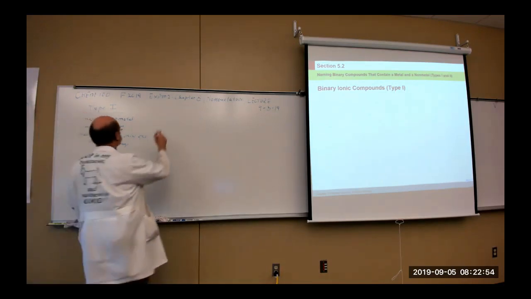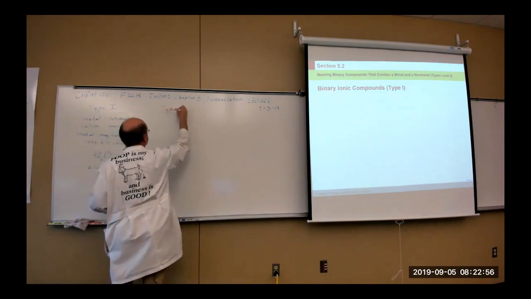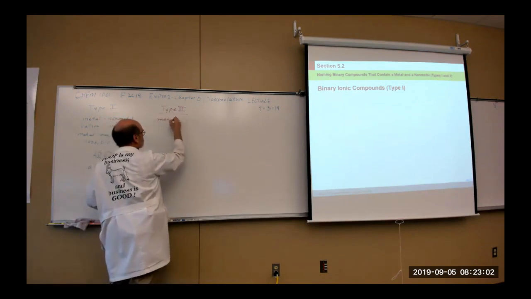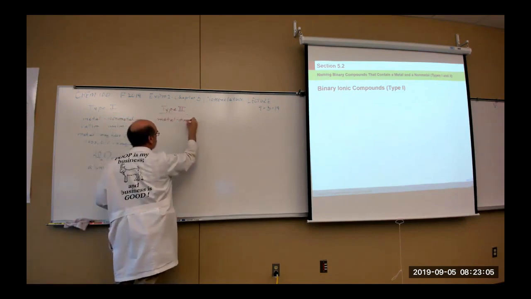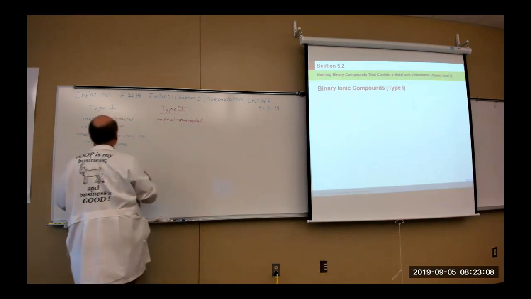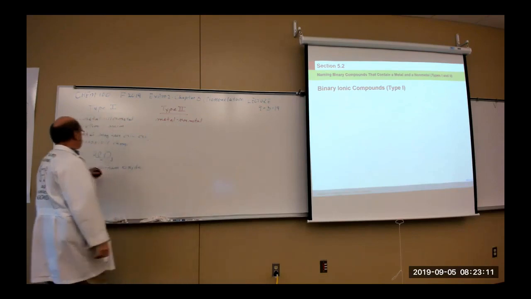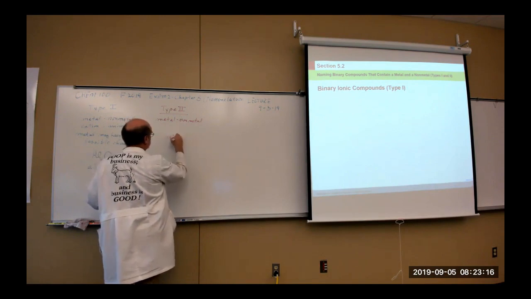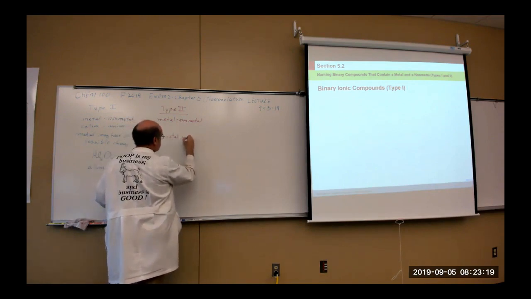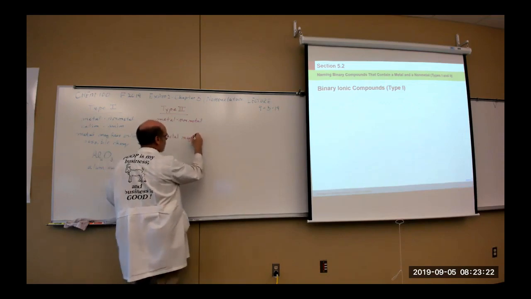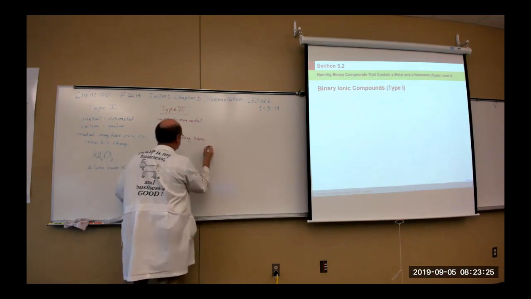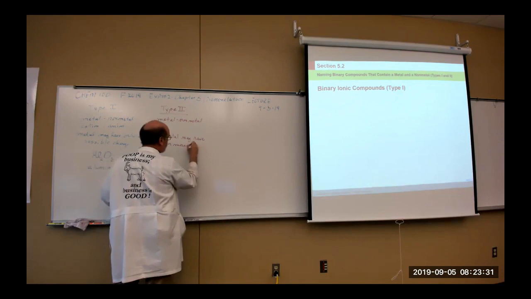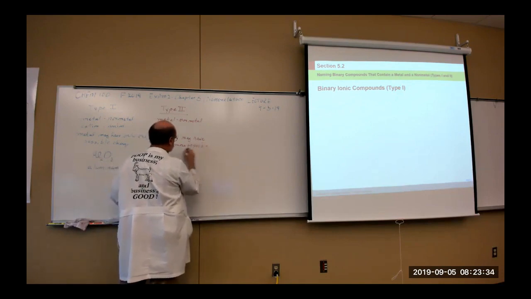Now, type 2 compounds. Okay, we still have a metal and a non-metal. Cation, anion, I'm not going to write that in again. Only in this case, type 2 compounds, the metal may have 2 or more possible charges.